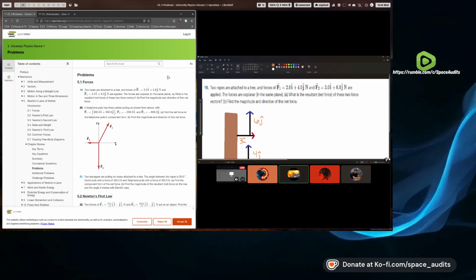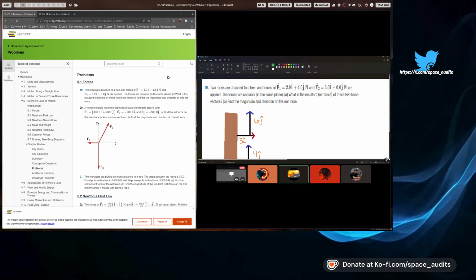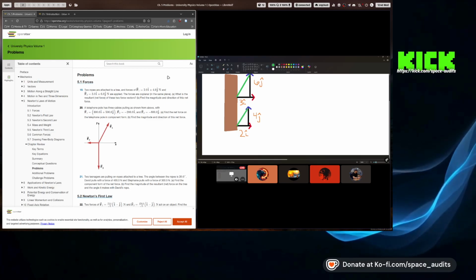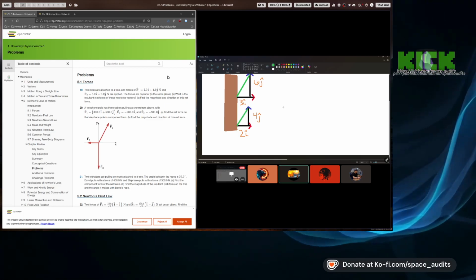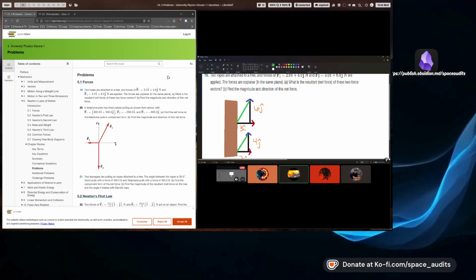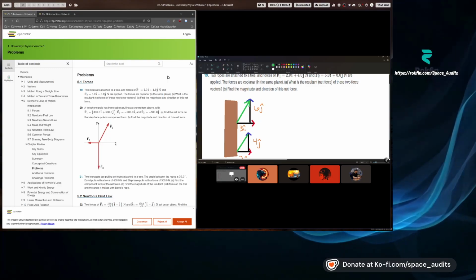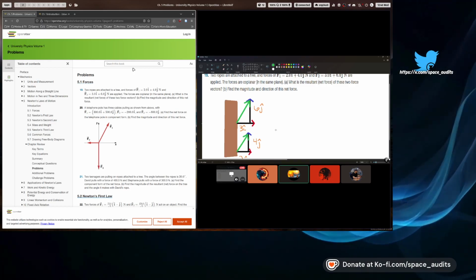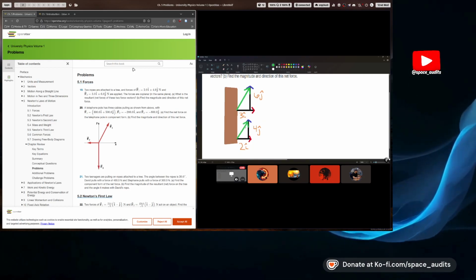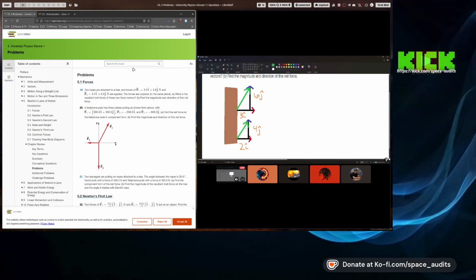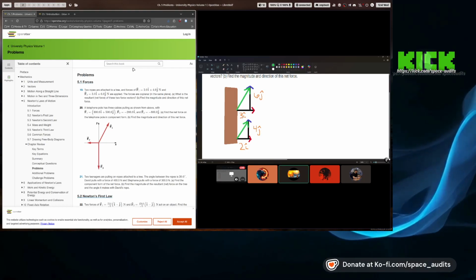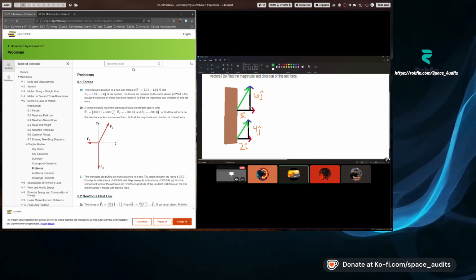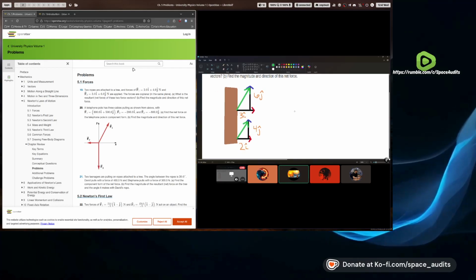Now, the net resultant force is going to be this and this, that green line, which is going to be like that and that. So, how can we figure out what each of these green lines are? There's two different ways to do it. We could solve for each green line and then add them together, or we could add these together at the beginning and solve for one big green line. So I'm going to do the second one.